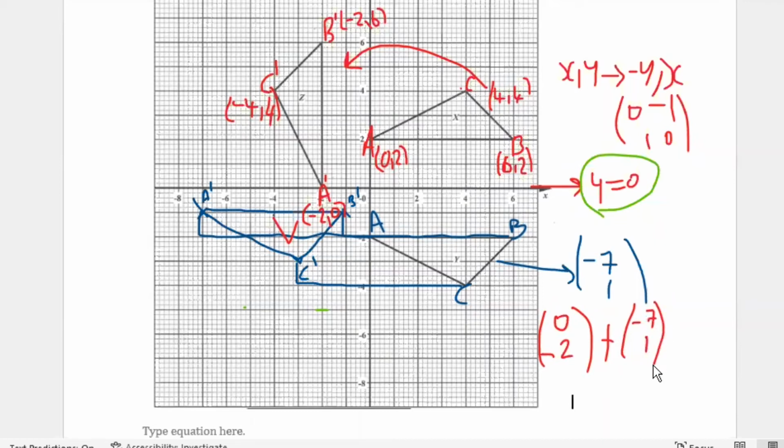When you add these, 0 plus -7 will give us -7, and -2 plus 1 would give us -1. So these should be the values for A prime.